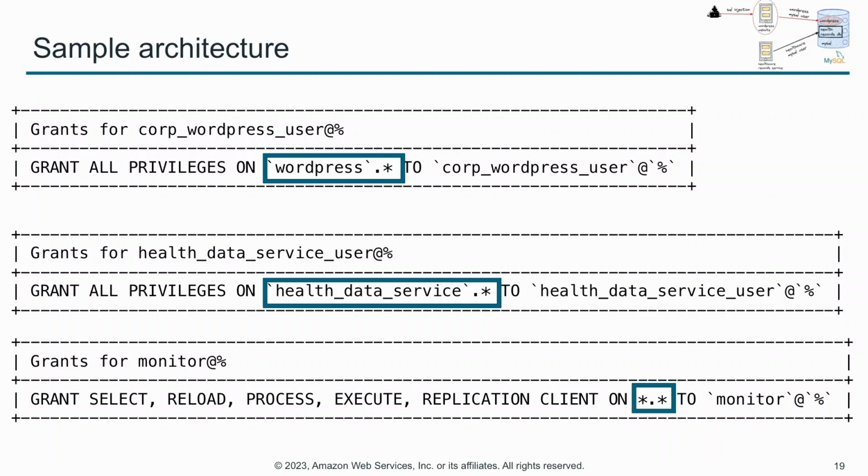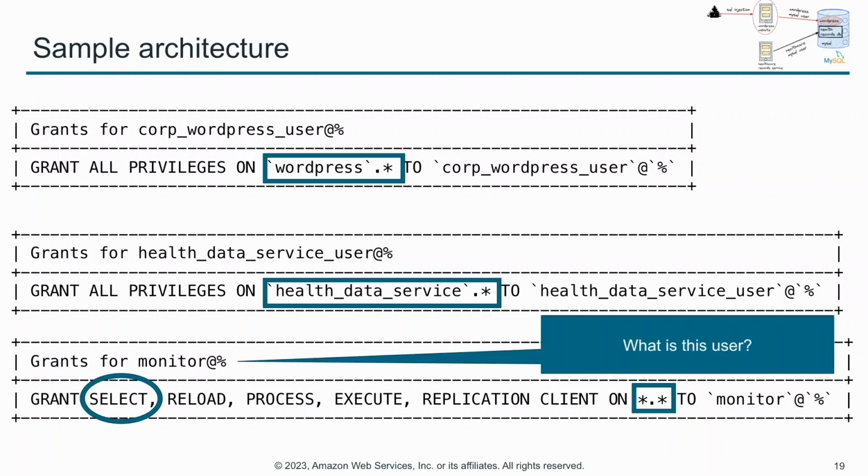We have a WordPress user that has access to the WordPress database. We have a health data service user that has access only to the health data service database, which contains the customer data. And then we have this monitor user, which has select and execute. And this is global. So this monitor user has a select on everything.